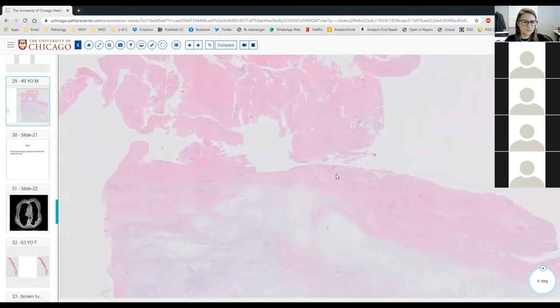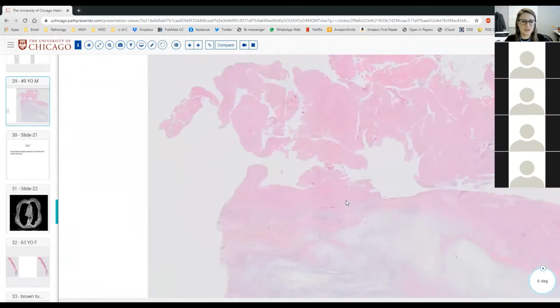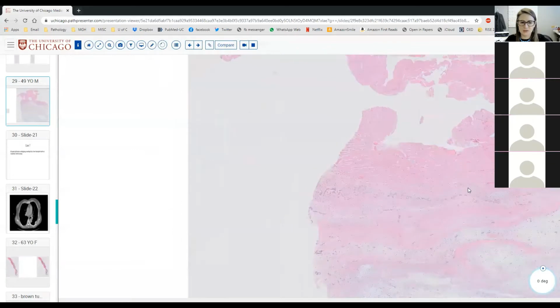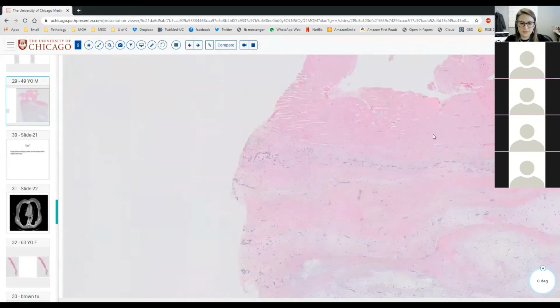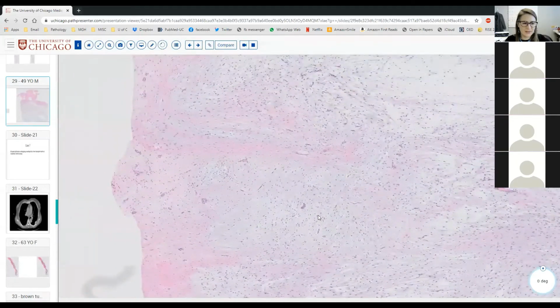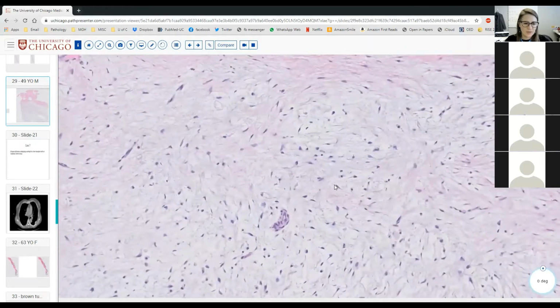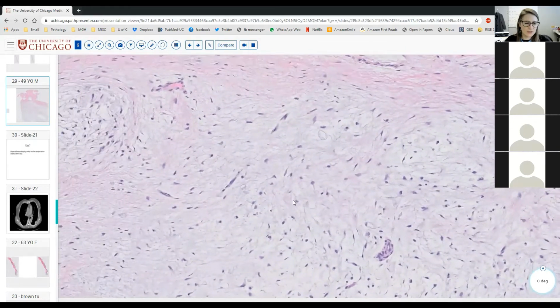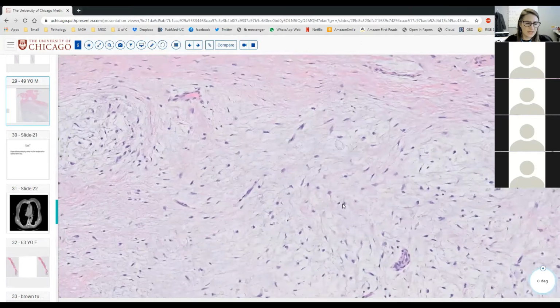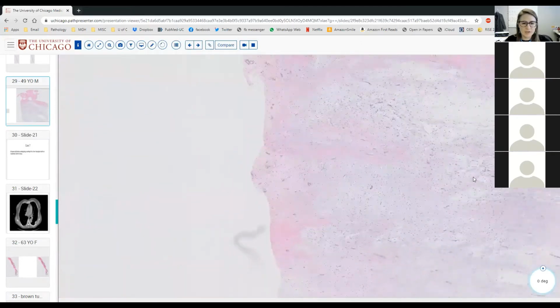So this is the resection specimen, just a classic intramuscular myxoma. There's skeletal muscle at the periphery, and there are these nice, monotonously paucicellular areas with curvilinear nuclei and myxoid background.